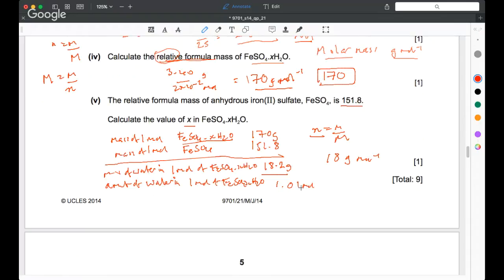Now, at this point, of course, you recognize that you're going to have whole number ratios. You can't have X as 1.01. And so the nearest whole number ratio that you can get is 1. And so the value of X in FeSO4 XH2O is 1. It's FeSO4 H2O. The value of X equals 1.